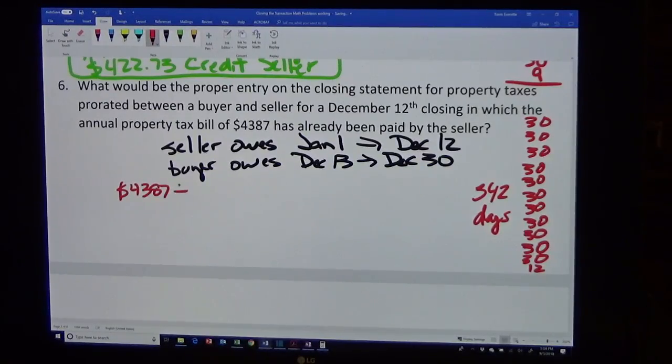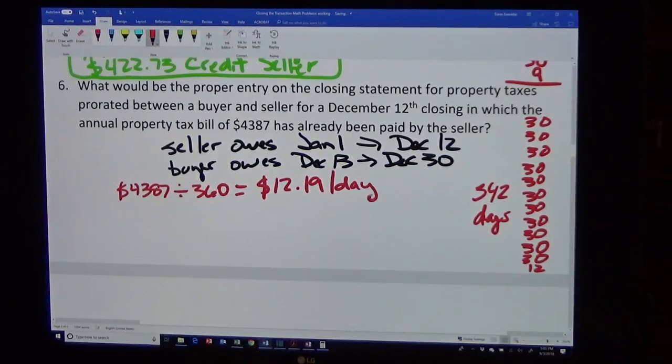We know that the annual property taxes are $4,387 per year. We're going to divide that by 360 to get to our daily rate. So $4,387 divided by 360 equals $12 and about 19 cents a day. Times 342 days, almost the whole year.